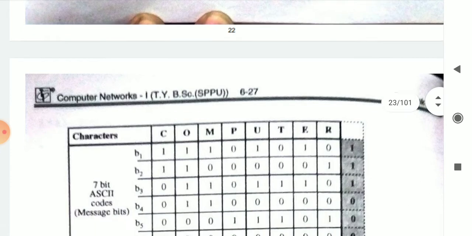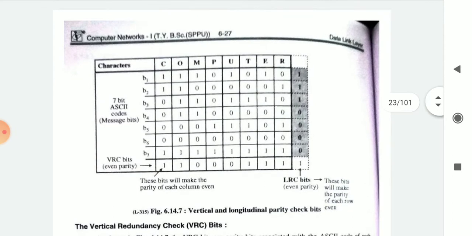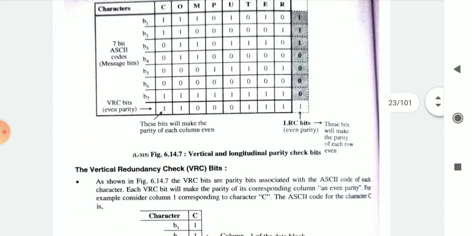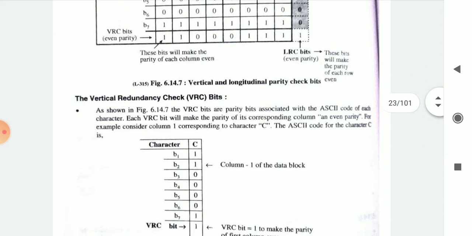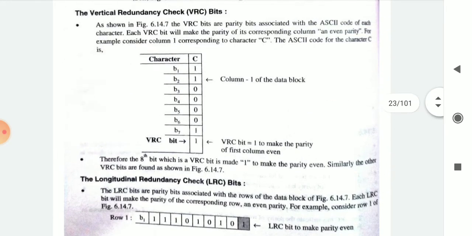See here, this is vertical and longitudinal parity. Just observe this diagram carefully. Here vertical and horizontal parity checks are given: the vertical redundancy check VRC bits and the horizontal LRC bits.